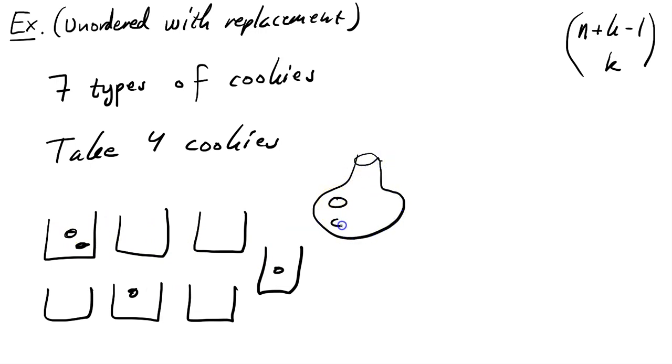So you have 7 balls. So you pick a ball, for example, you pick a red one here, or you draw a red one. A red one means that you take a cookie of type number 1 from the red box. But then you put that ball back, because you want to be able to draw the same type again from the box here.